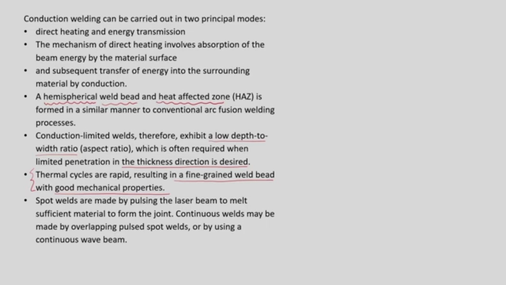So the mechanical properties of the welds should be sufficiently high to get the required operation done. We can generate spot welds by using a pulsed laser beam, and continuous welds can be carried out by using overlapping pulse spot welds.